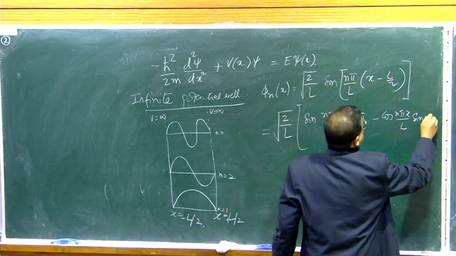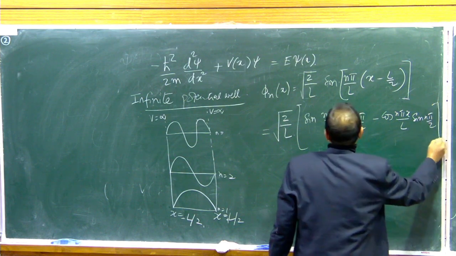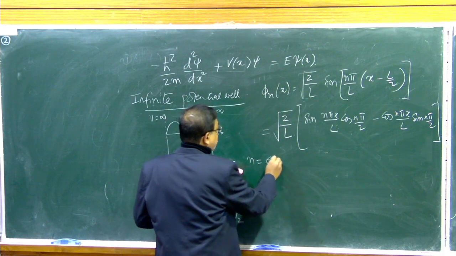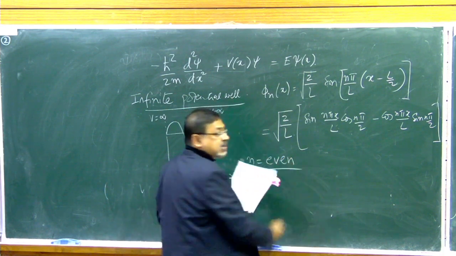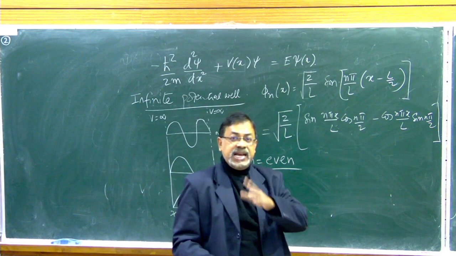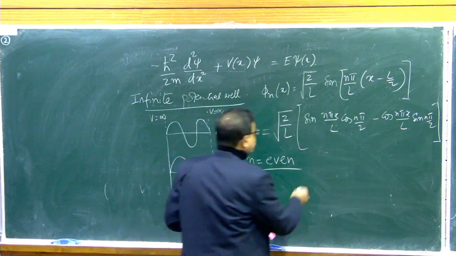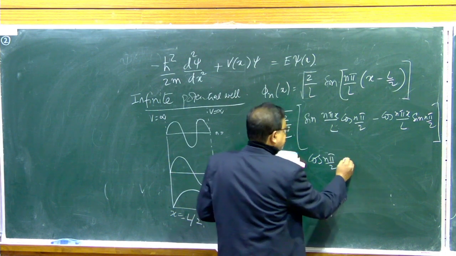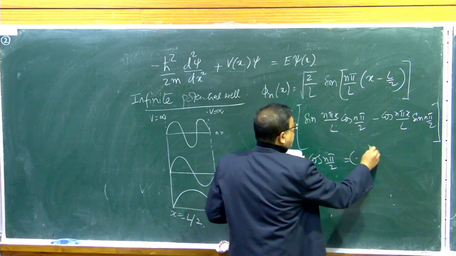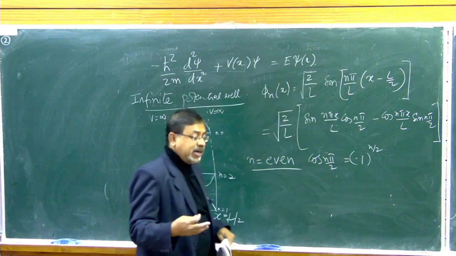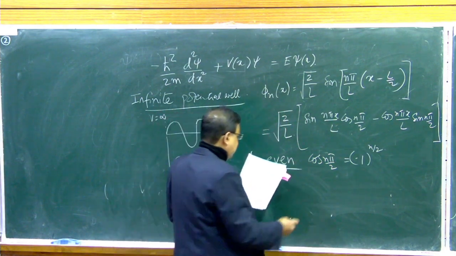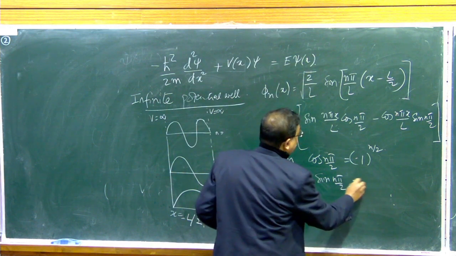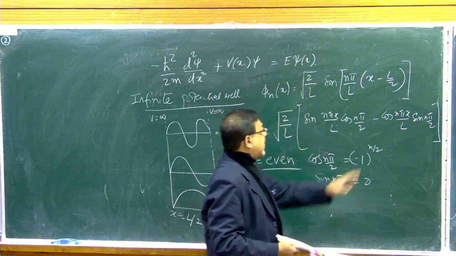And what happens is that for even n, like 2, 4, 6, 8, etc., cos n pi by 2 is equal to minus 1 to the power n by 2, and sine n pi by 2 is equal to 0, which means that the second term won't be there.